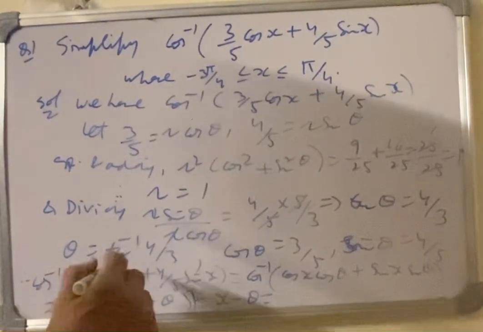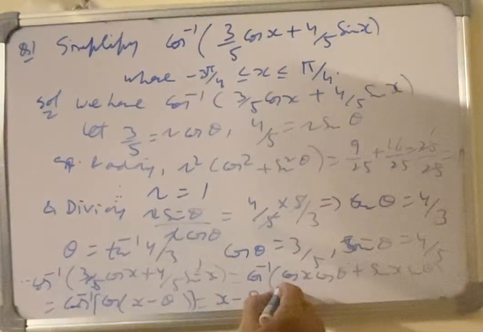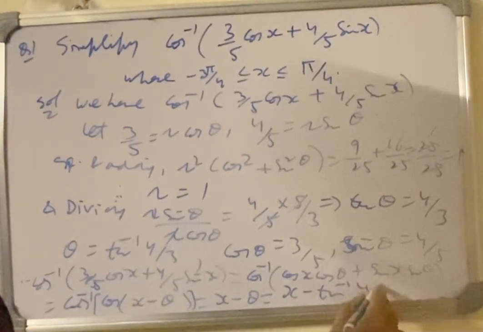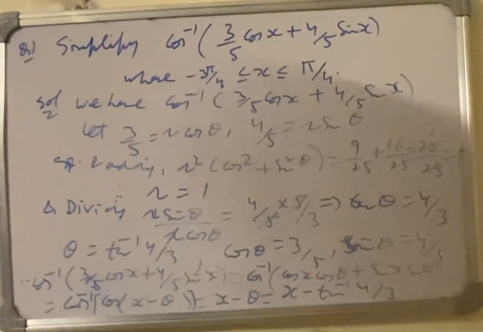Theta is tan inverse 4/3. So x minus tan inverse 4/3 is the answer.